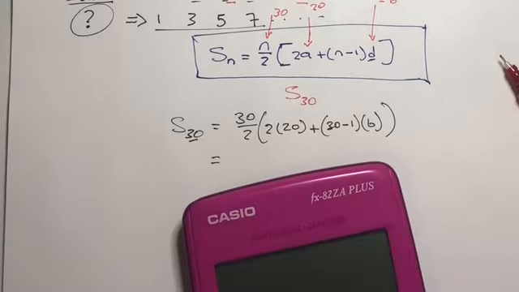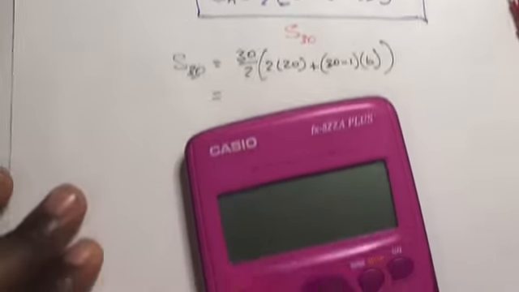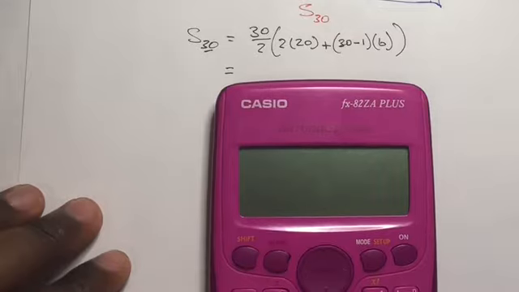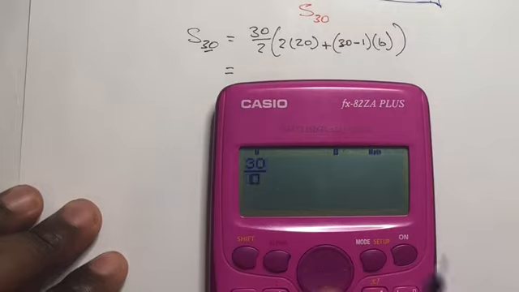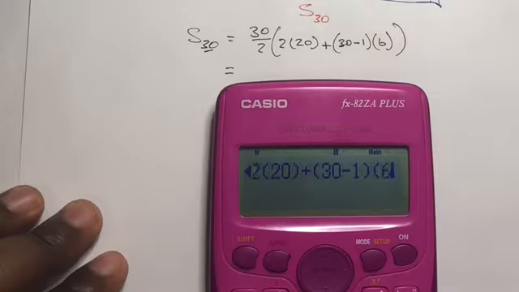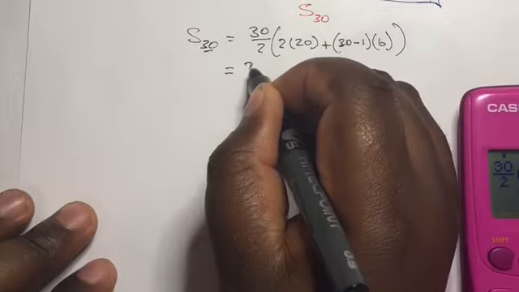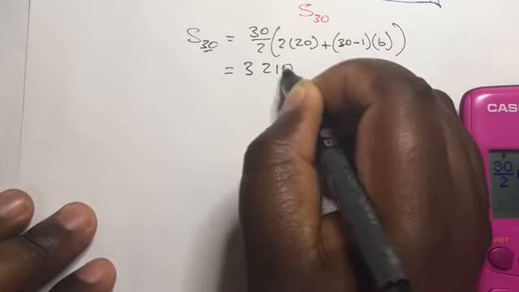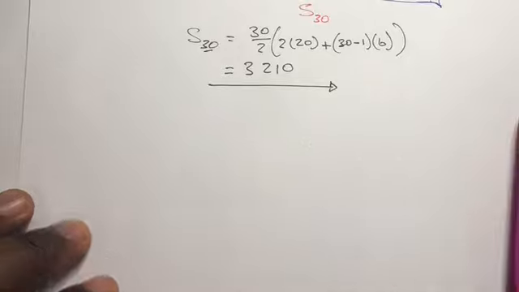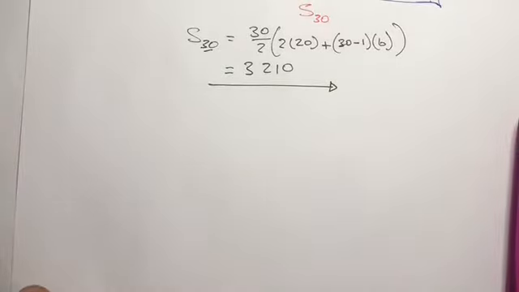So let's quickly punch on the calculator and see how much we get as the sum of the even terms of the sequence. I've got 20 plus, into 30 minus 1, your D, which is 6. So that means you've got 3,210. So this is the sum of the first 30 even terms of the sequence.